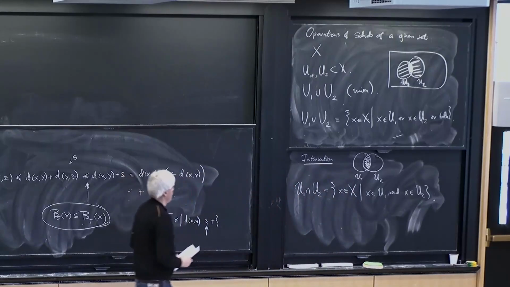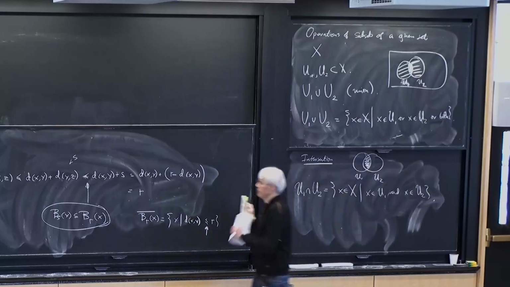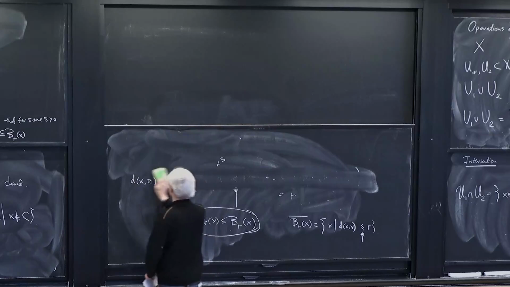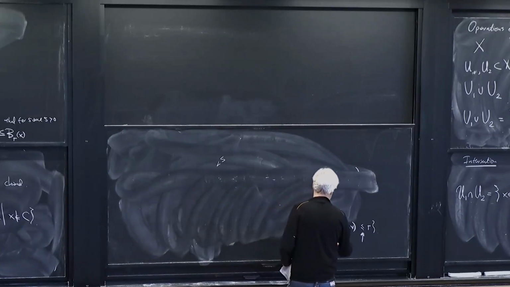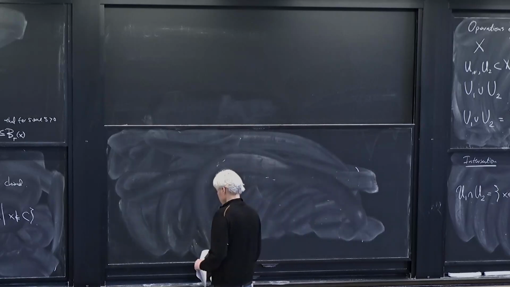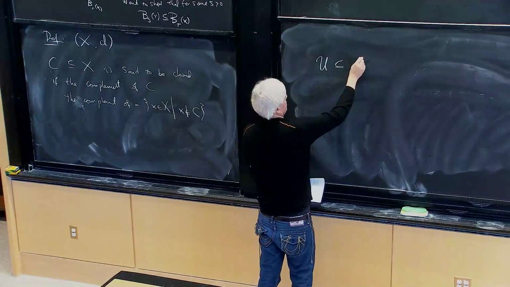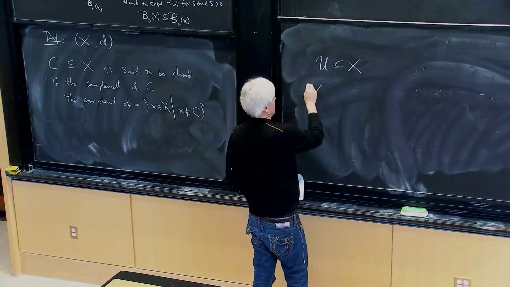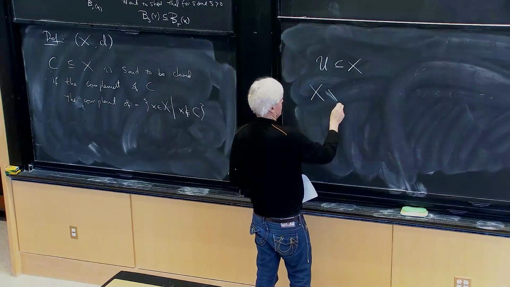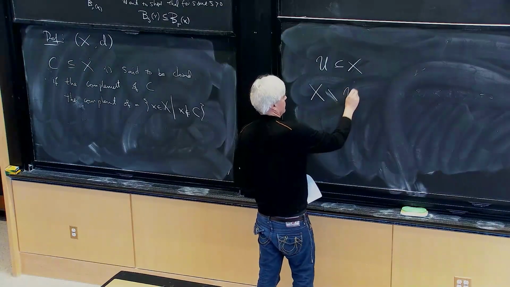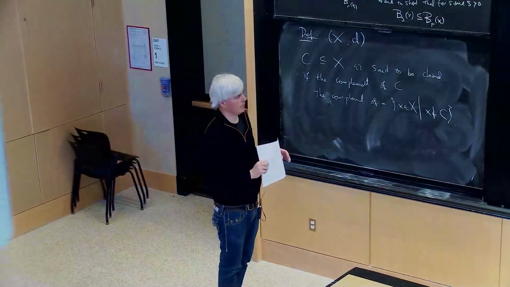Okay, and then there is a third, and then we talk immediately about generalization of these. So there's a third, and this is the complement. But let me also introduce the notation. If you take the subset U of X, then for the complement there are slightly different notations.